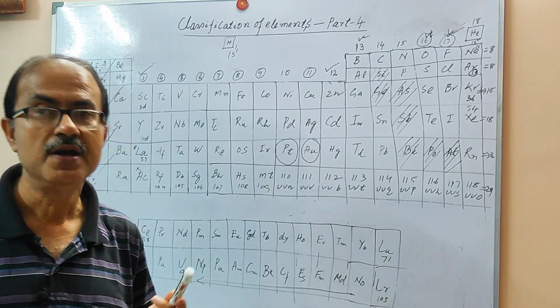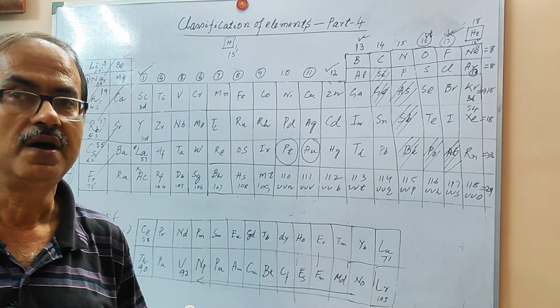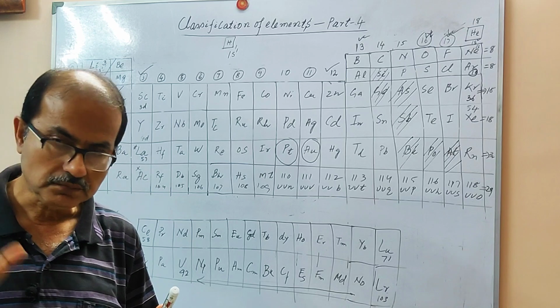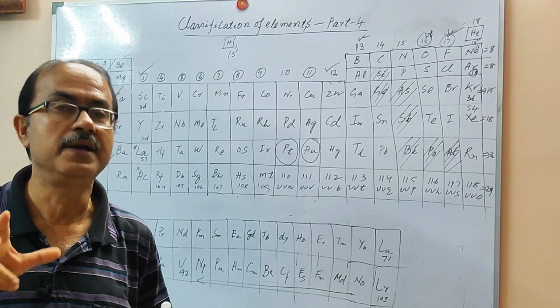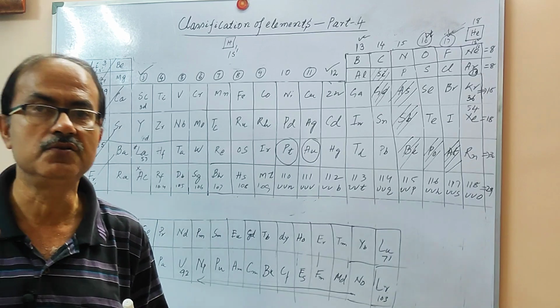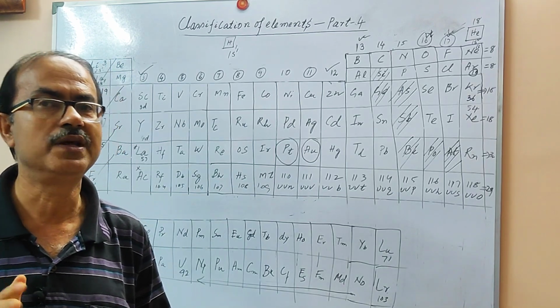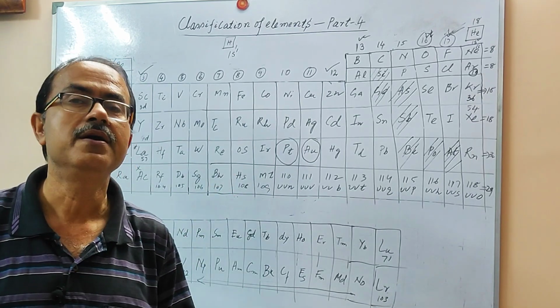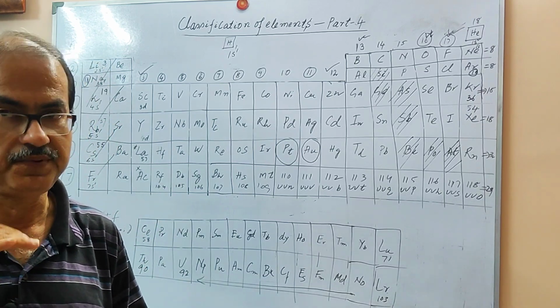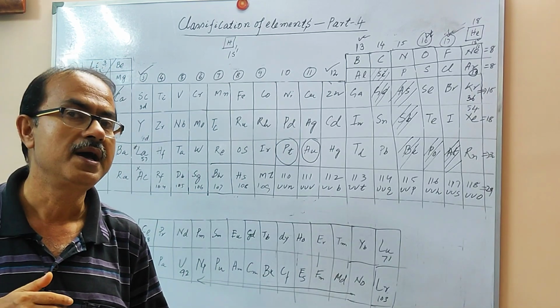In the second period, you can see 2s and 2p, the outer shell orbitals. The s has 1 and p has 3, that is 4 orbitals, and 2 into 4 is 8. In this way, you can observe the filling of the periodic table with the required number of elements.